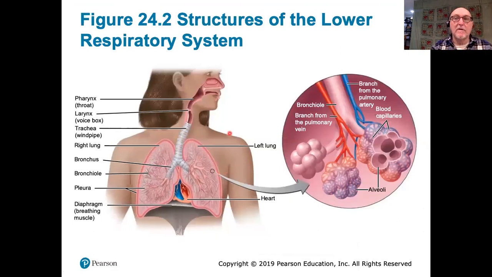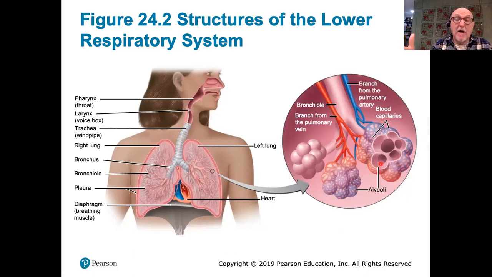This is the structure of the lower respiratory system, the trachea here, and then dividing into bronchus, the bronchus dividing smaller and smaller into bronchioles, and the bronchioles leading to the fine air sacs, richly invested with blood capillaries, which are the alveoli, which are single cell thickness and allow passage of gases really easily.